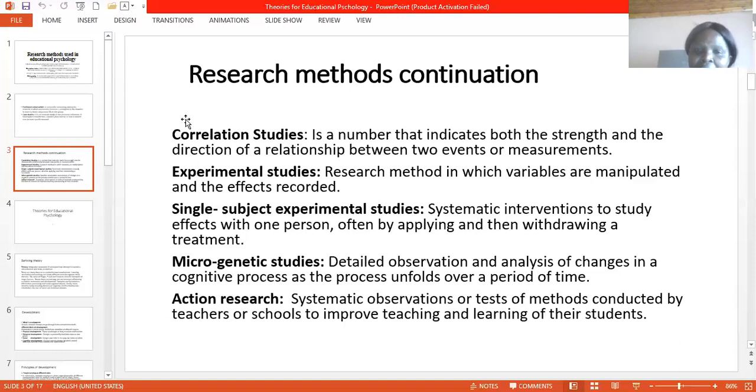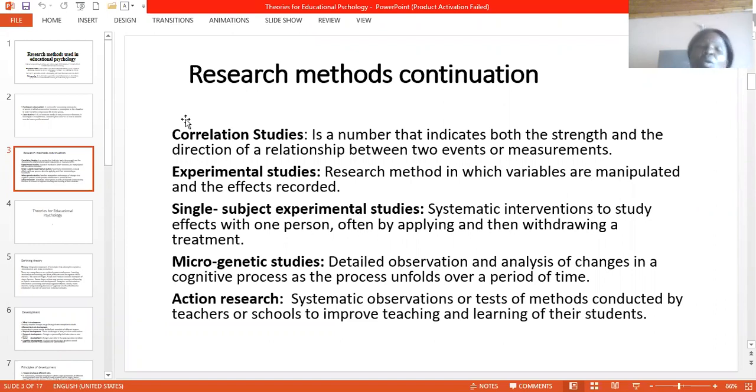These are detailed observation and analysis of changes in a cognitive process as the process unfolds over a period of time. The last one is action research. Systematic observations or tests of methods conducted by teachers or schools to improve teaching and learning of their students.